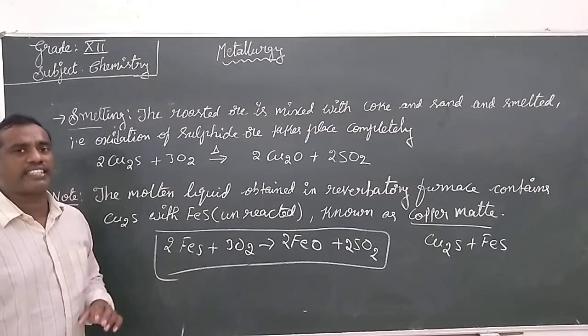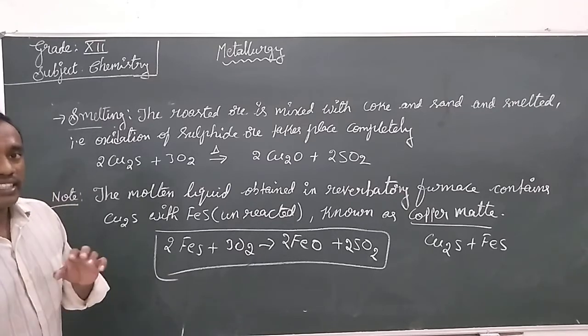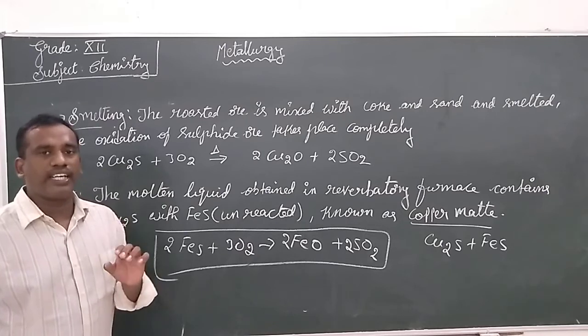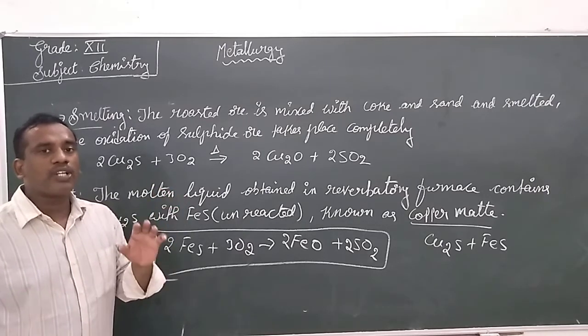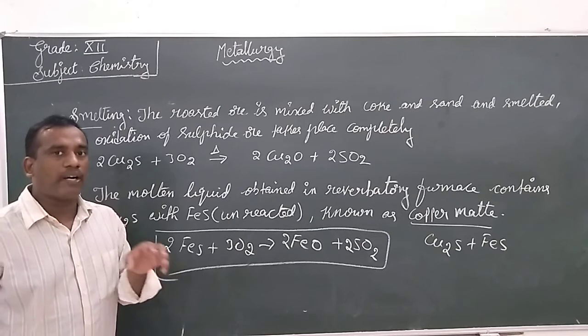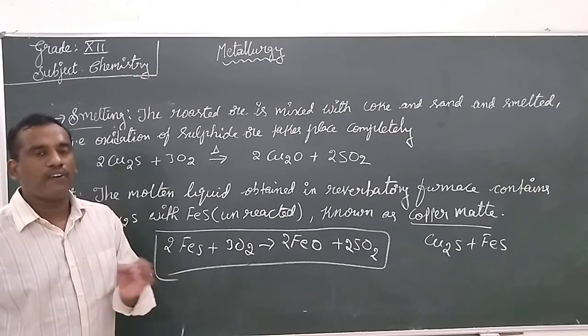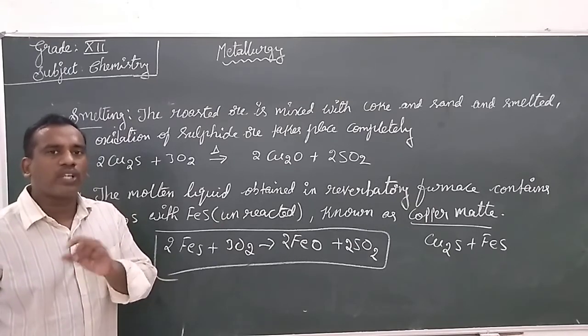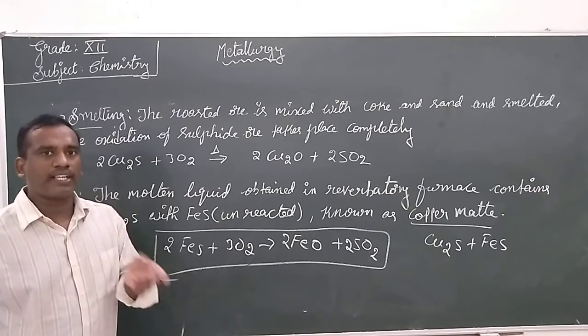So up to now we have discussed what is calcination and roasting. In both the cases, we studied the formation of a metal oxide, but we didn't get our metal from the metal oxide. Now we are continuing with how to get the metal from the metal oxide.